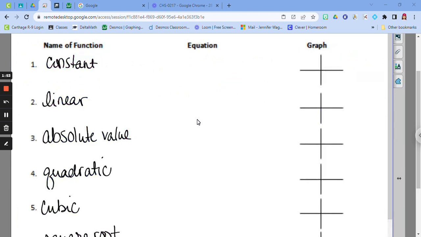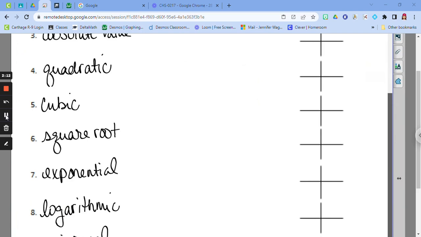Okay, so these are some of the ones we'll be taking a look at. Go ahead and start writing these down while I take attendance and start on the test. All right, and there's the rest of them.